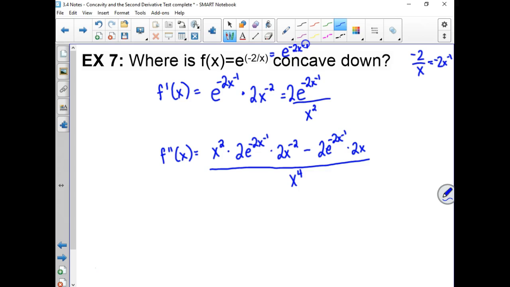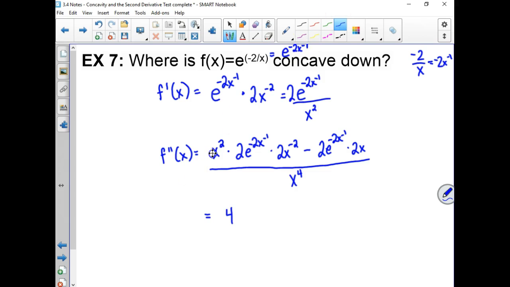First derivative is not too bad. The second derivative starts to get a little bit crazy. So let's clean this up a little bit. I'm probably going to want to factor out that e to the negative 2x to the negative 1. So we'll have 4.